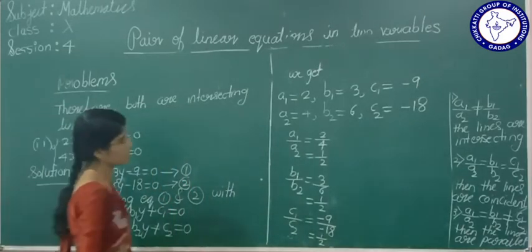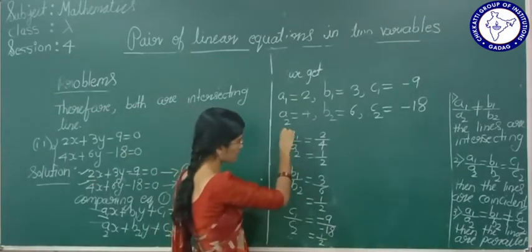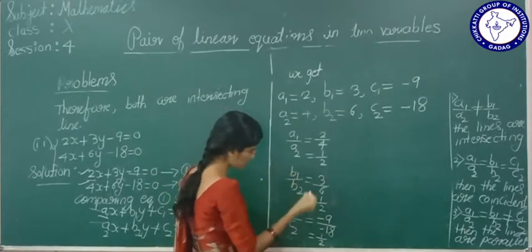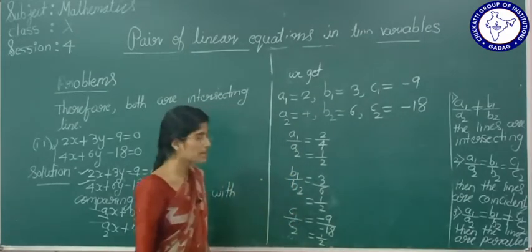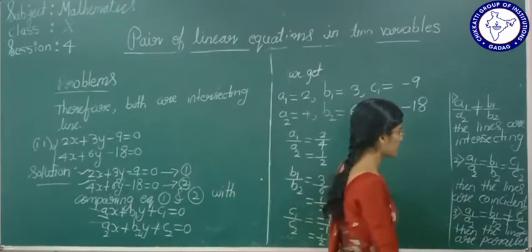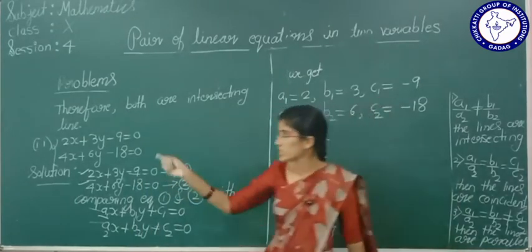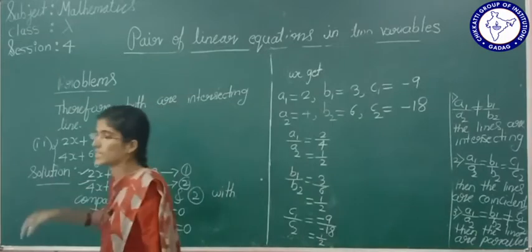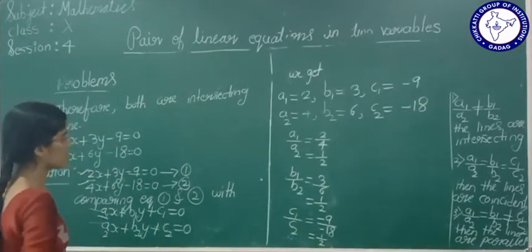Now see here a1 by a2 is equal to b1 by b2 is equal to c1 by c2. What we can tell? The lines will represent coincident for this pair of linear equation. Yes or no?